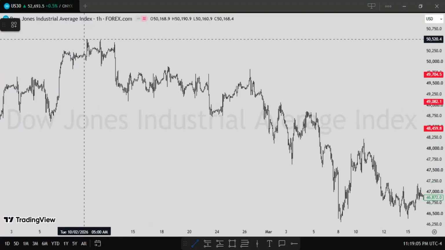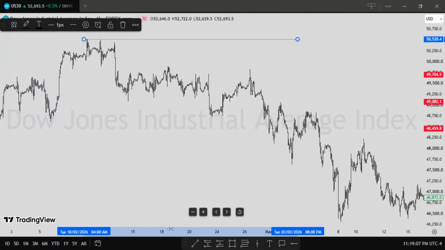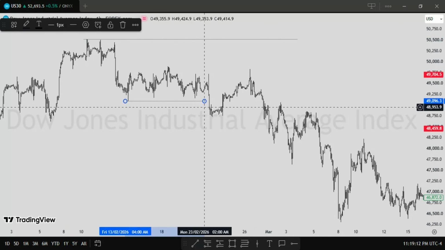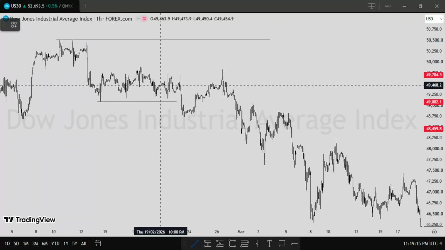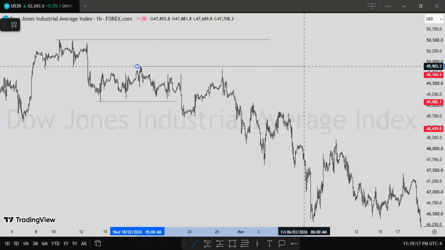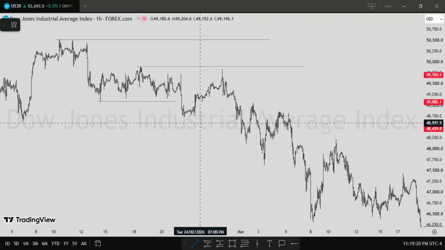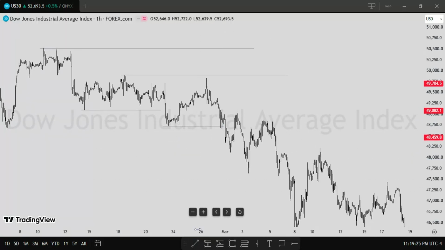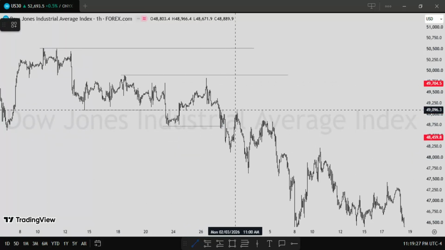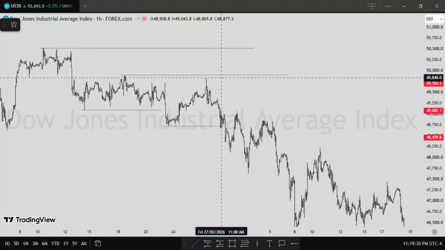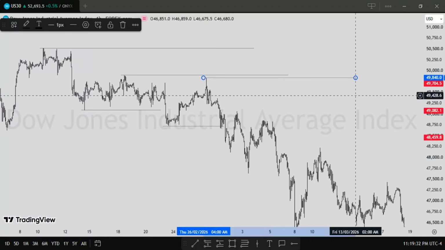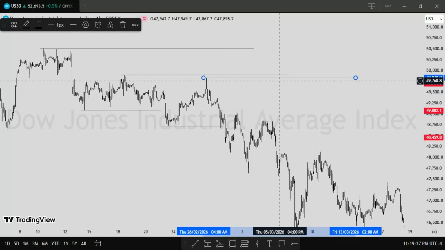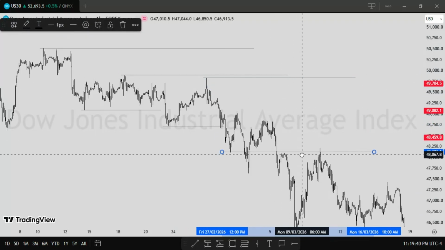Price will keep making lower highs and lower lows. Also, this is one.